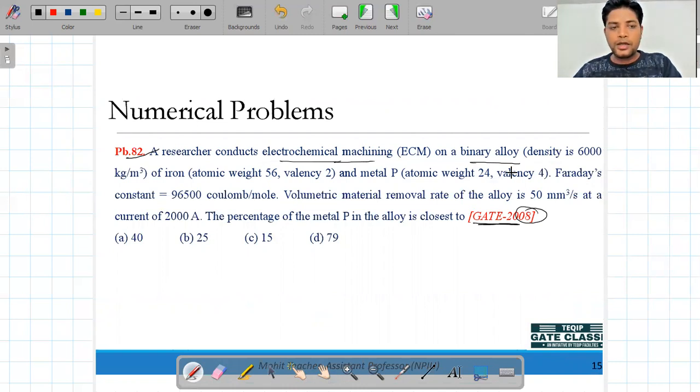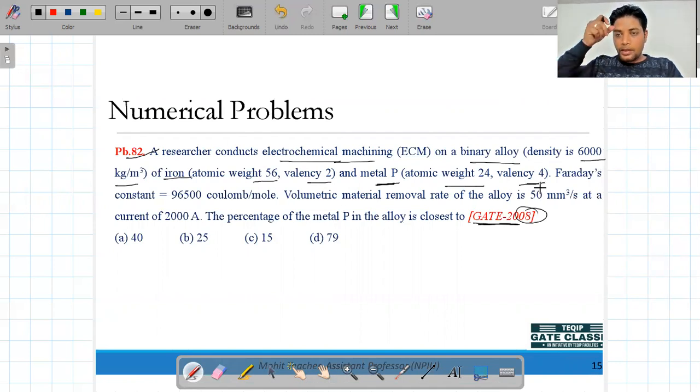The density of this is 6000 kg per meter cube. The first material is iron, atomic weight 56 and valency 2. Another metal is metal P, which has atomic weight 24 and valency 4.